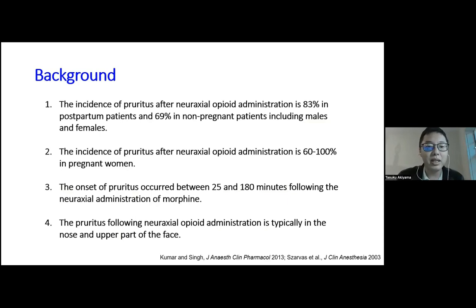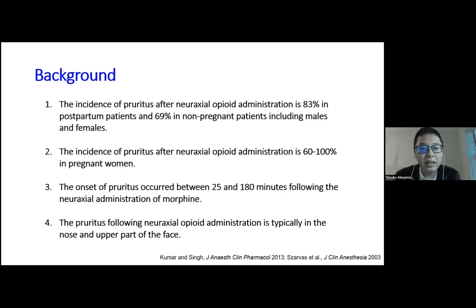But one of the side effects is itch. After neuraxial opioid administration, about 83% of the postpartum patients and 69% of the non-pregnant patients exhibit itch. Also, in pregnant women, about 60 to 100% of them experience itch after the neuraxial opioid injection.